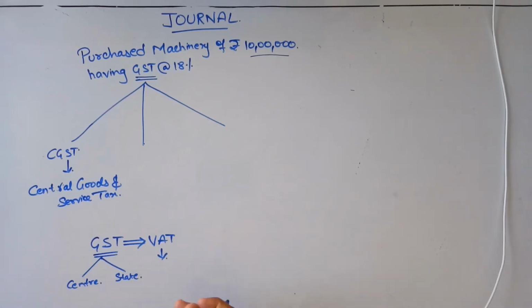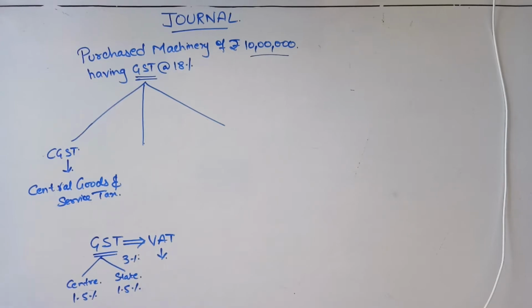For example, if it is the state of Maharashtra, and the GST rate is 18% on any particular product, center will get 9%, state will get 9%. If the GST rate, for example, is 3%, center will get 1.5%, state will get 1.5%. So this is how the GST will be distributed between center and the state.